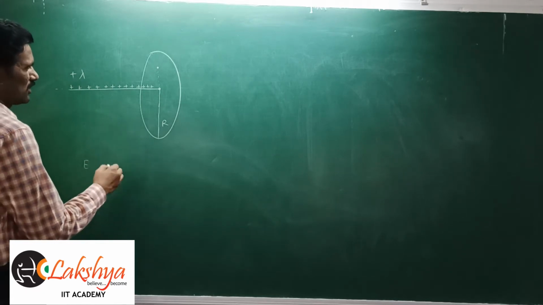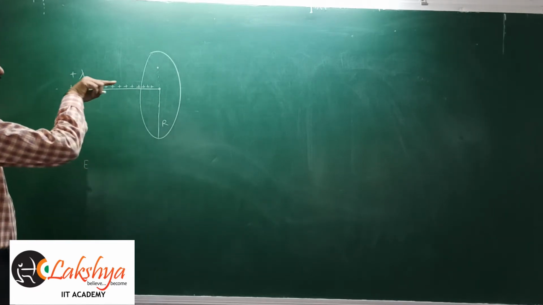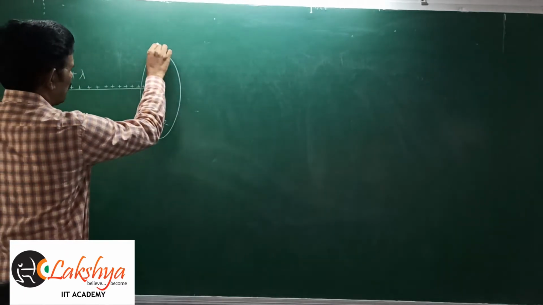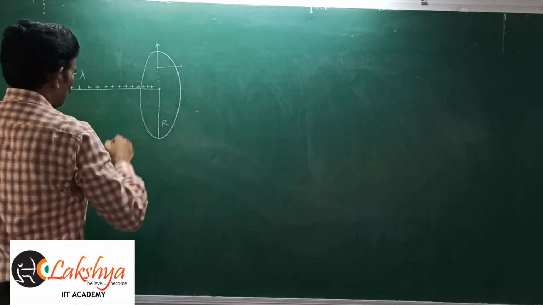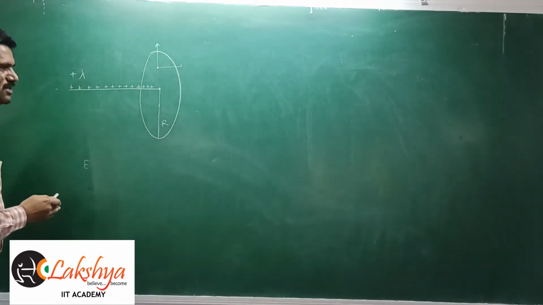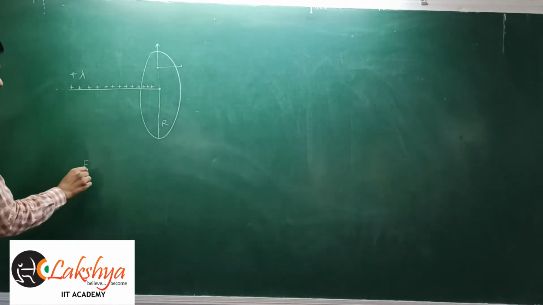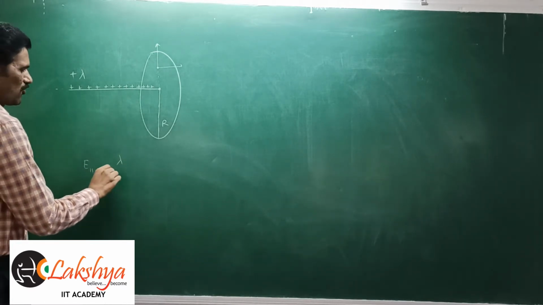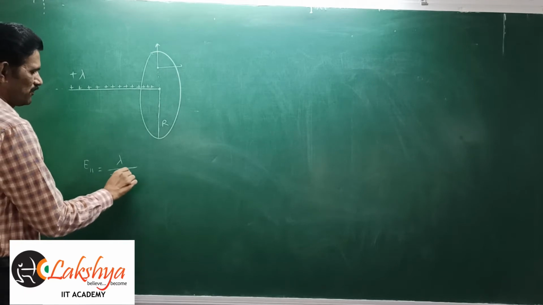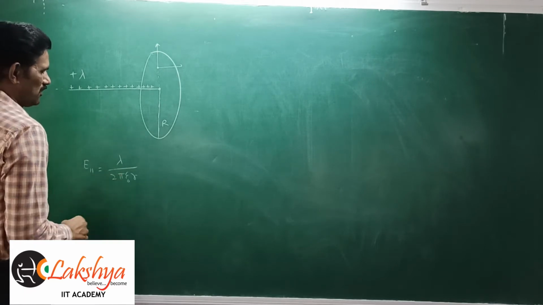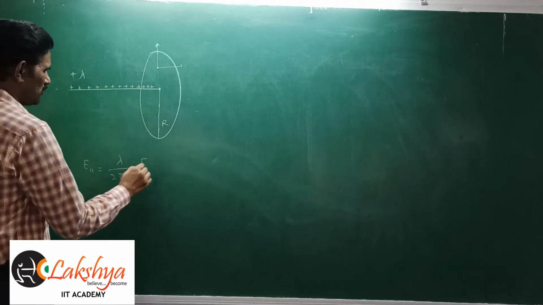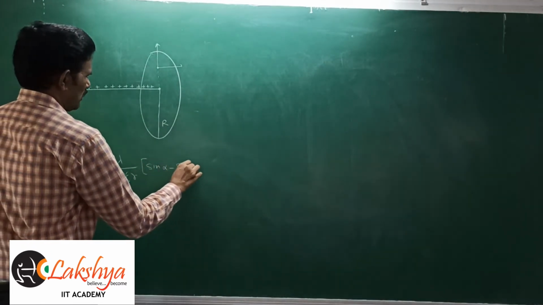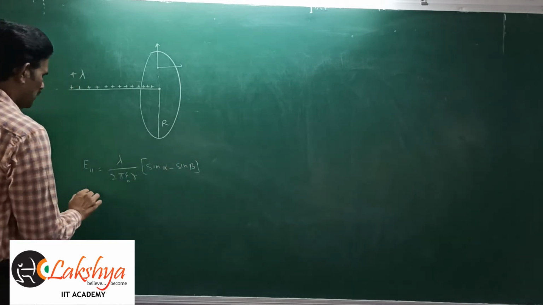For the finite line we mentioned parallel and perpendicular components. So the parallel component I can write as lambda by 2 pi epsilon naught r into sin alpha minus sin beta.